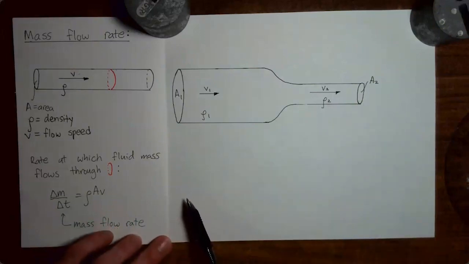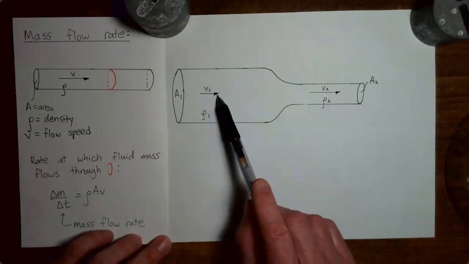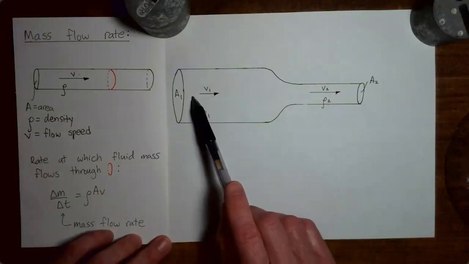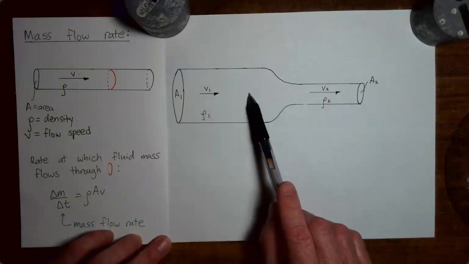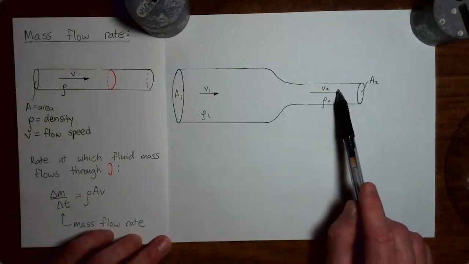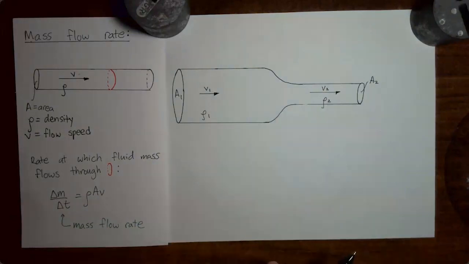We could ask, for example, how does the flow speed change as the fluid flows from the wider part into the narrower part? There are actually quite a few things that can happen in a situation like this. So in order to get to some answers, we need to start making some assumptions.